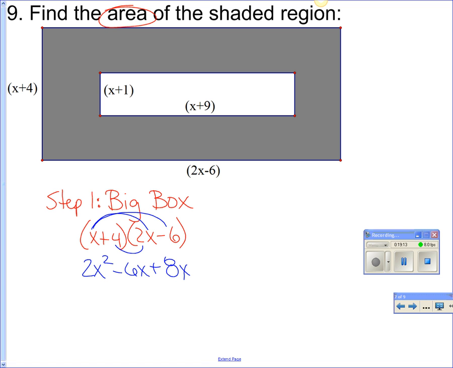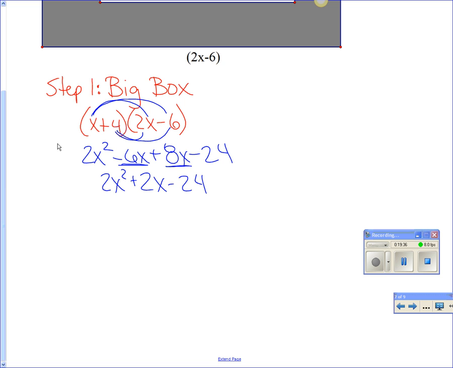Good. And 4 times negative 6. Negative 24. Okay? All right, let's go ahead and simplify that. Let's put these two together. What's negative 6 plus 8? 2x, and I'm going to drop down the other stuff. Okay, so that's step 1. That's the big box.